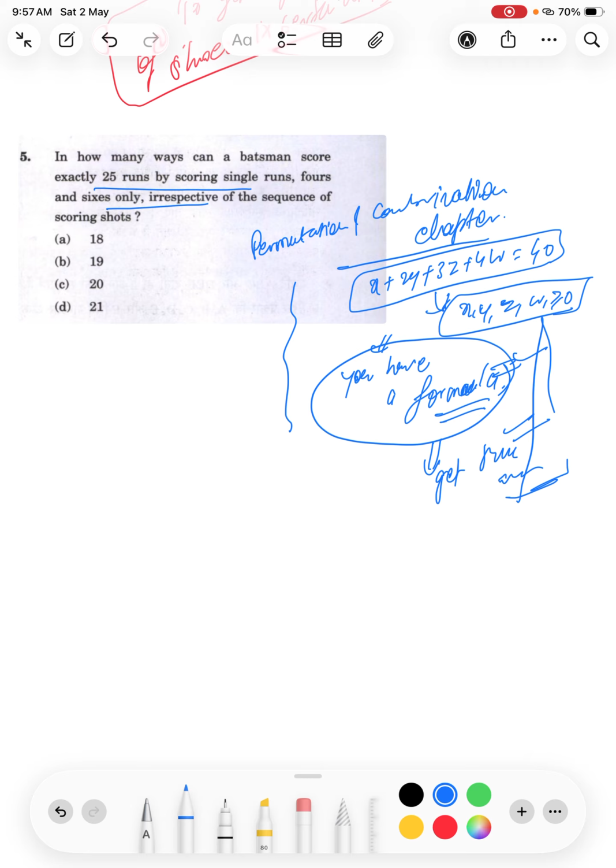So mathematically, if we write it, what does this question look like?